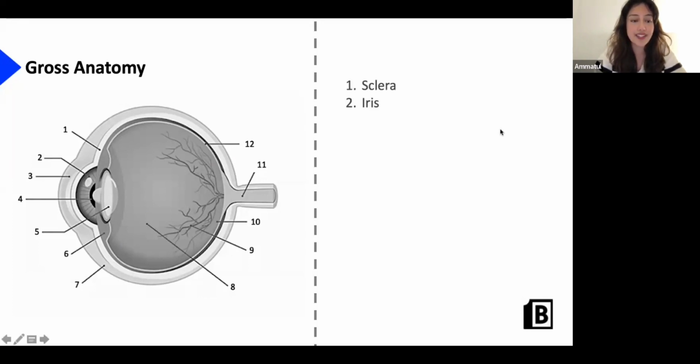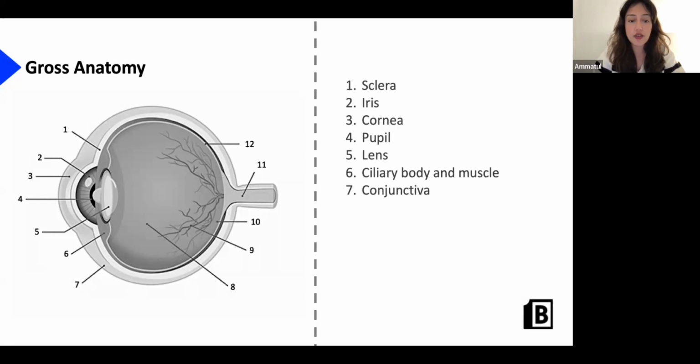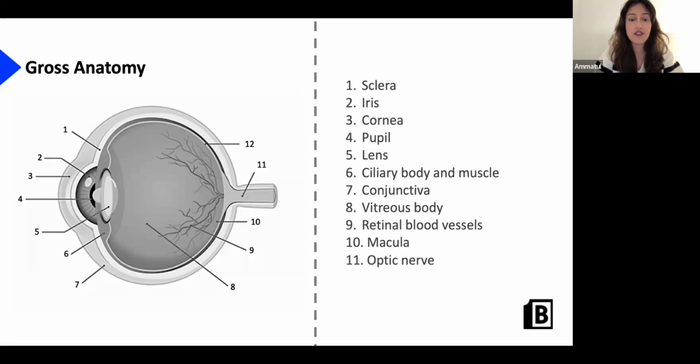Number 2, the iris. 3, cornea. 4, pupil. 5, lens. 6, ciliary body and muscle. 7, the conjunctiva. 8, which is the vitreous body, also contains the vitreous humor. 9 is the retinal blood vessels. 10 is the macula. 11 is the optic nerve, although the macula should ideally be up here, but we can ignore that. And 12 is finally the retina.